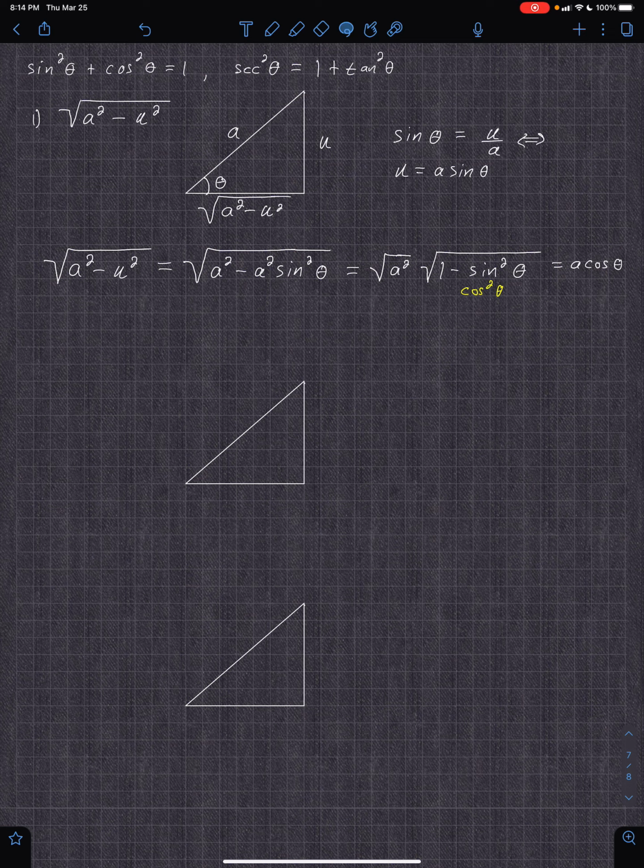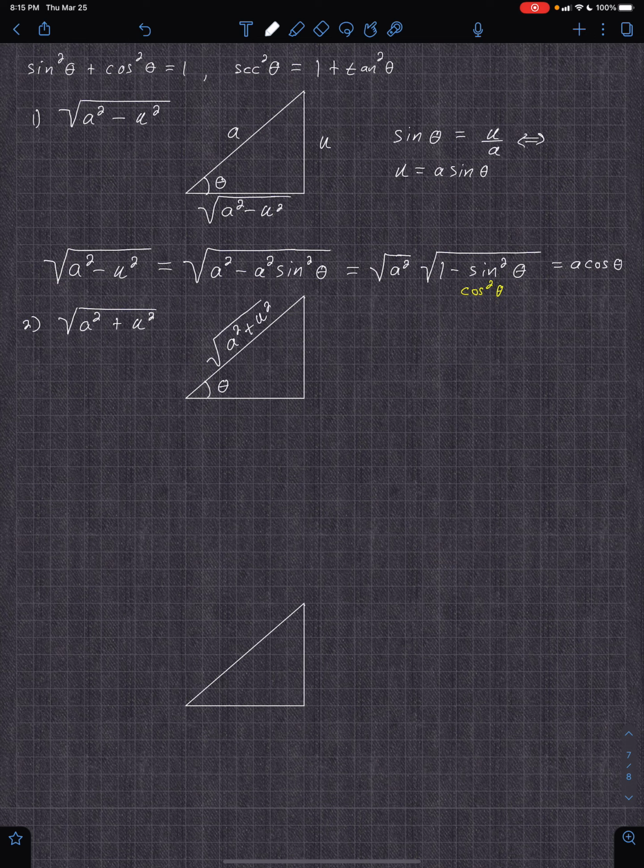Okay, so then the next case is case 2. If you have the square root of a squared plus u squared, so if this is theta, then what that means is the hypotenuse will be the square root of a squared plus u squared.